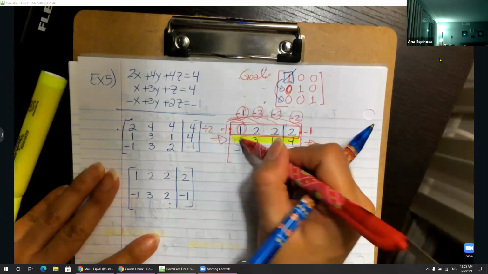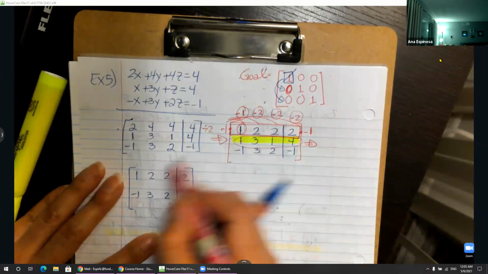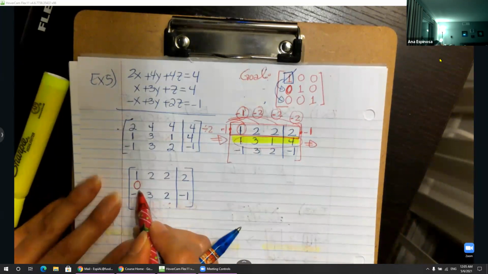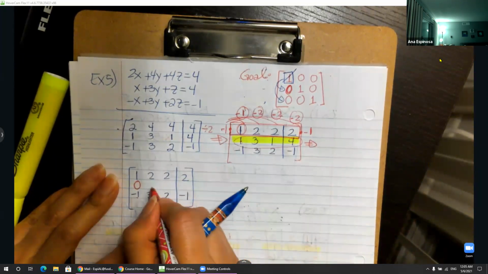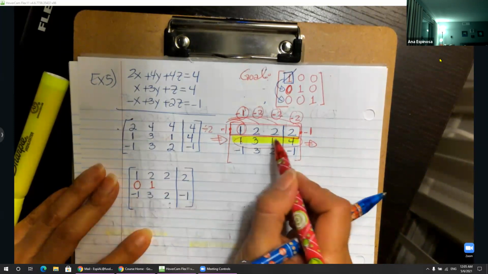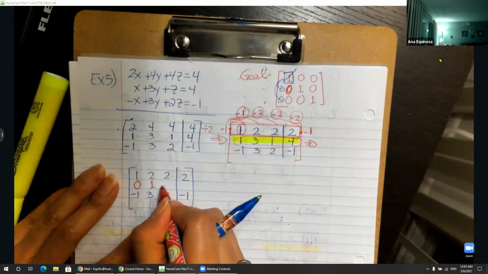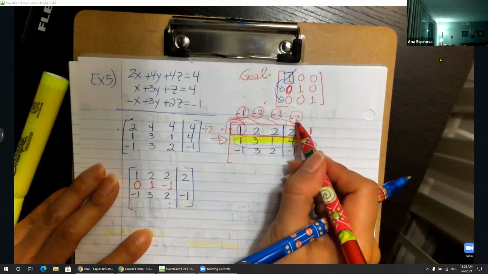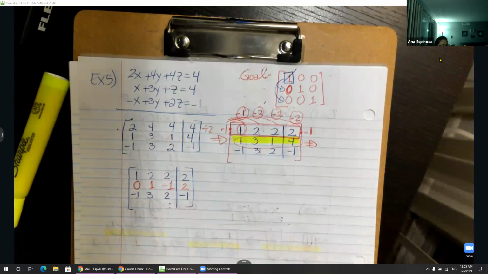Okay, so when you add the yellow with the numbers on top, that will give me a 0. So I'm going to put it in red so that you see which row it is. Then these two give me a 1. And then these two, that's -2 plus 1 is a -1. And then -2 plus 4 is a 2. Okay. All right.